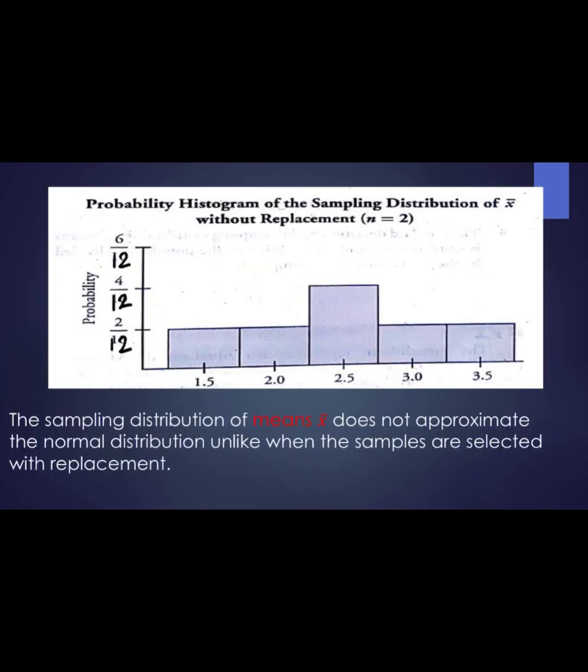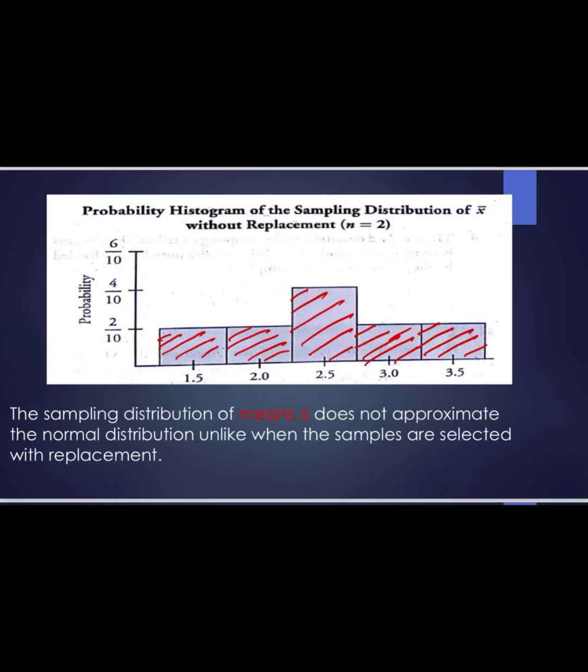So, to illustrate the probability histogram of the sampling distribution of the sample mean without replacement, where n is equal to 2, the horizontal axis shows the values of the sample means, while the vertical axis shows the probabilities of the sample means. Now, observe our probability histogram.